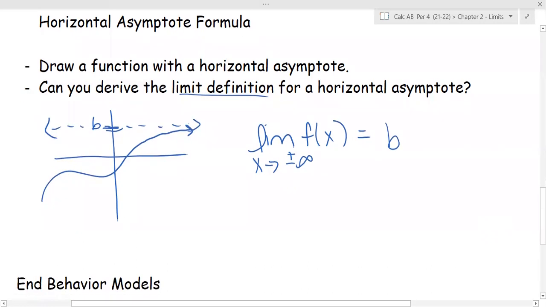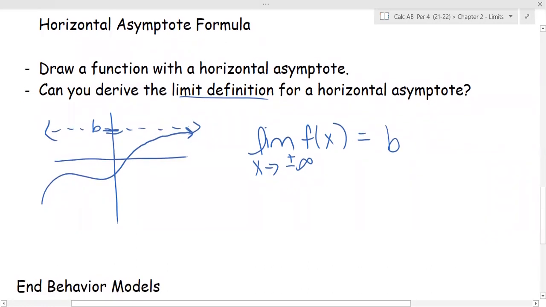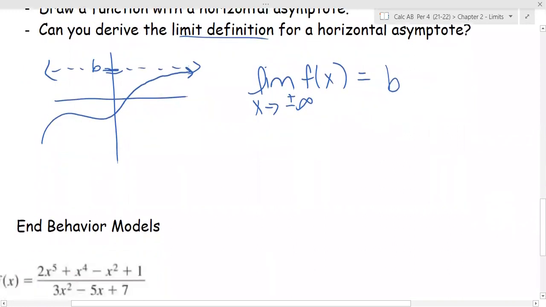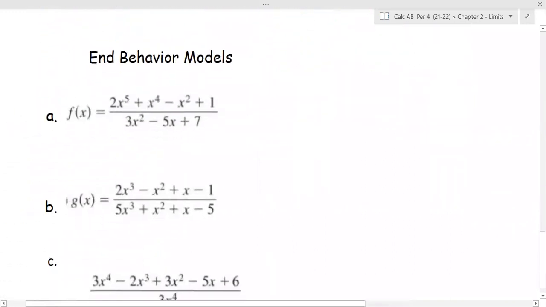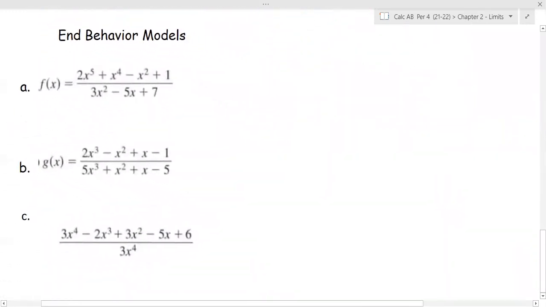And then when you're ready to move on, the last thing we need to cover, because it kind of pulls all this together, is end behavior models. And this is something from pre-calc, so I'm just going to walk through the three situations, and then we'll talk about what that has to do with limits.